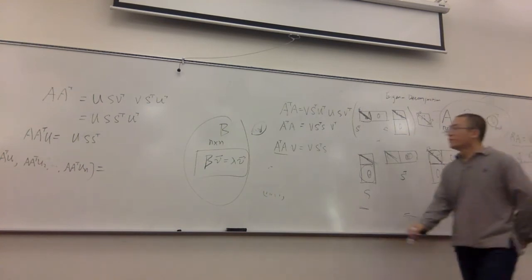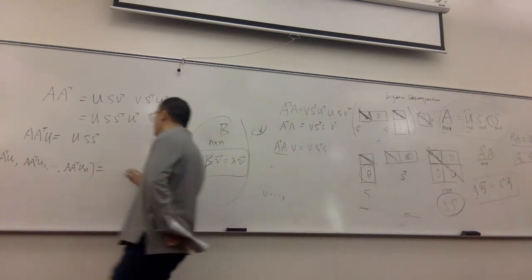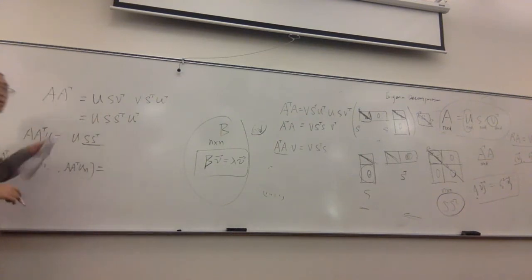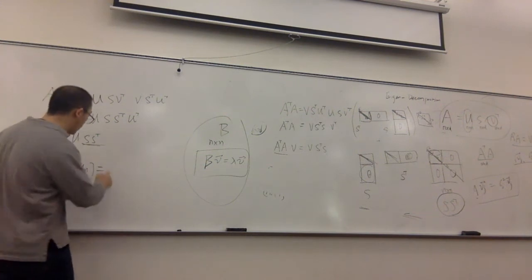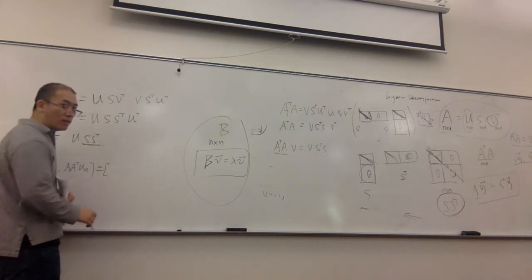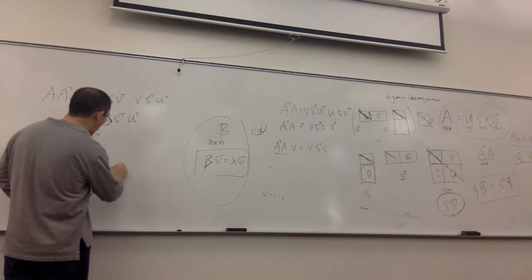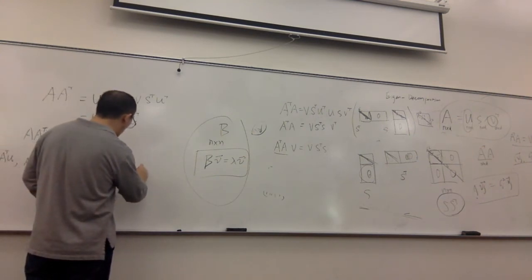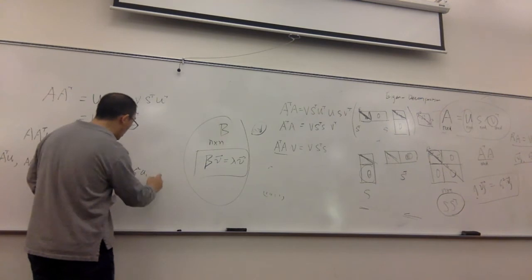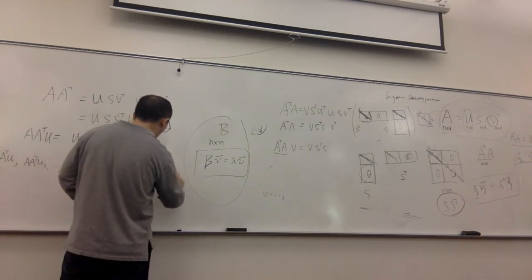So now when we multiply SS transpose with U here, we end up with a similar result. The first column will be sigma 1 squared times U1. The second will be sigma 2 squared times U2, and continue until sigma n squared times UN.